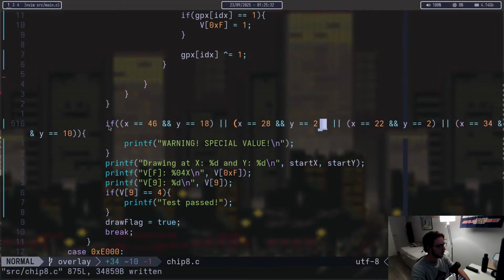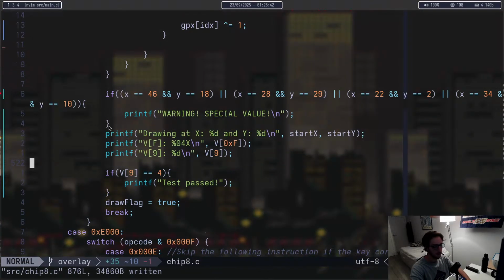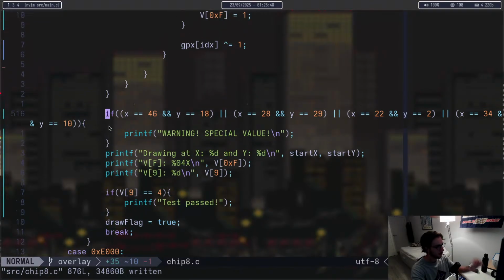Wait, what? I should have gotten the warning special value thing, right? If x equals 46 and y equals 18.